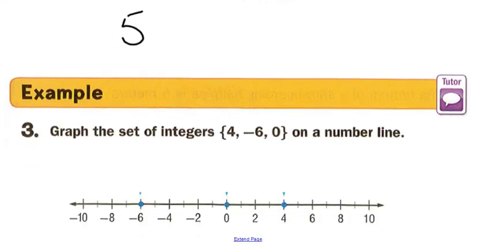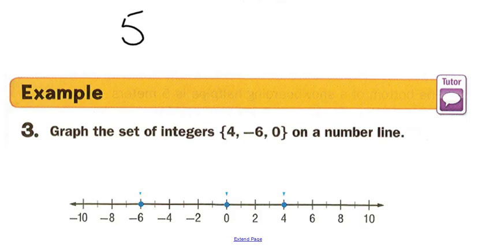So I said we were going to graph them as well. Well, let's look at this example here. It says graph the set of integers 4, -6, and 0. All right. So all you are literally going to do is draw a number line, then you're going to draw a dot at the location of each integer. So we've already drawn the number line.